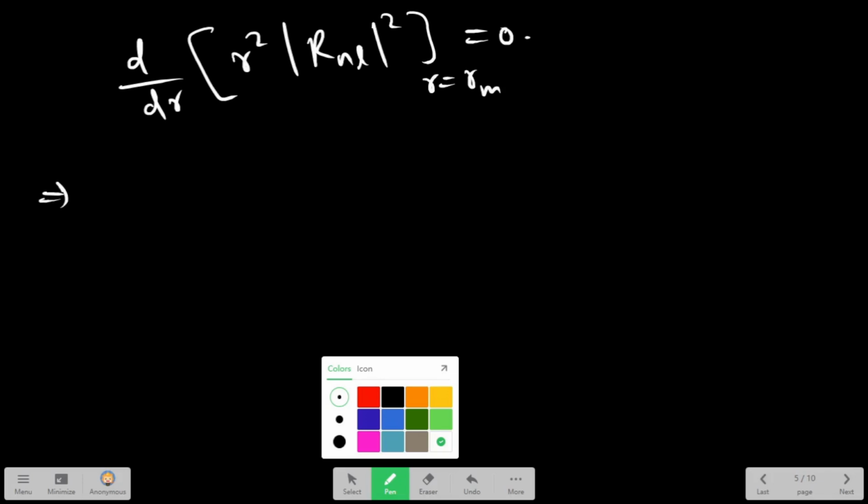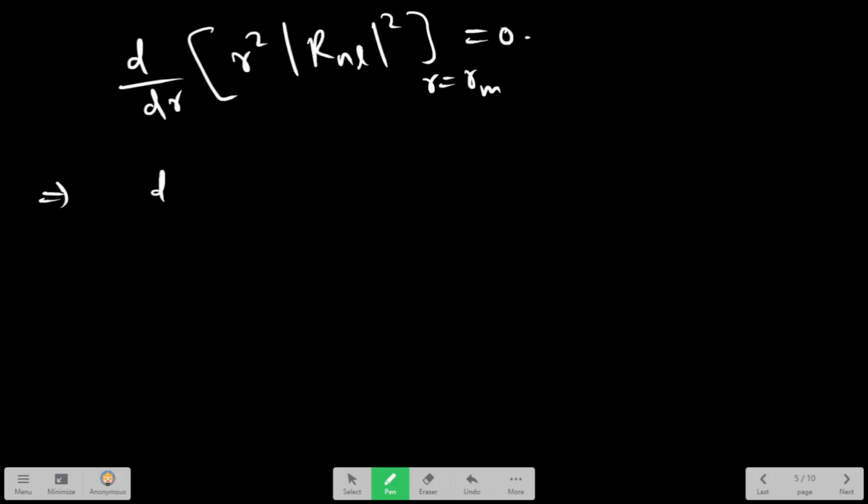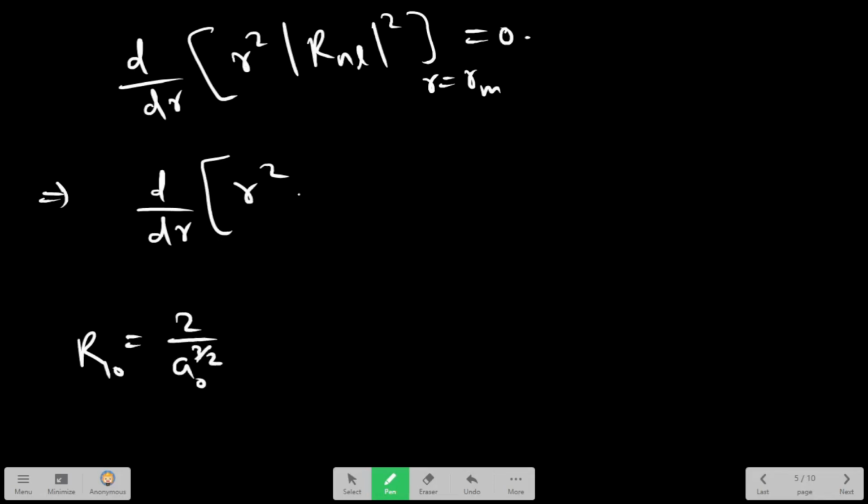Therefore this implies d by dr of R square times R10 modulus square. We know that R10 is 2 by a naught cube, a naught raised to 3 by 2, times e raised to minus R by a naught.